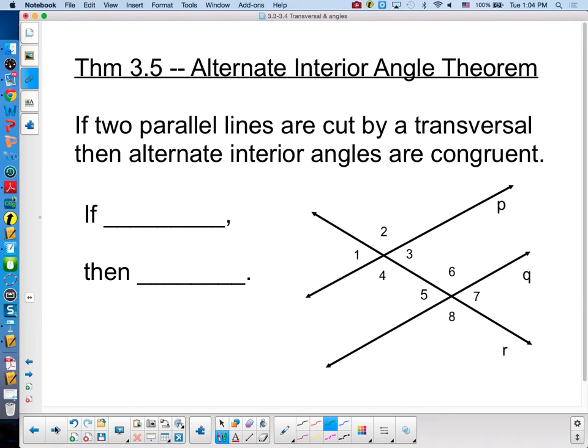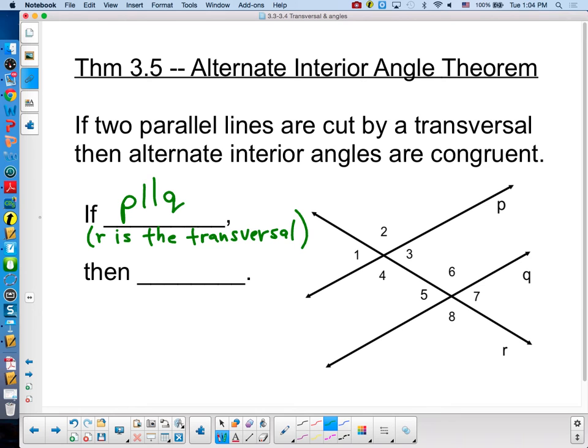So if 2 parallel lines, our if part down here again is going to be P parallel to Q and R is the transversal. Then alternate interior angles are congruent. Which angles and how do we state it?